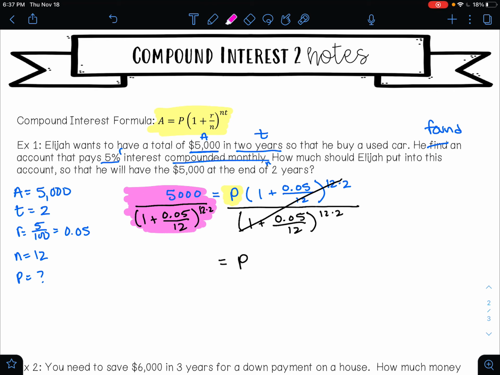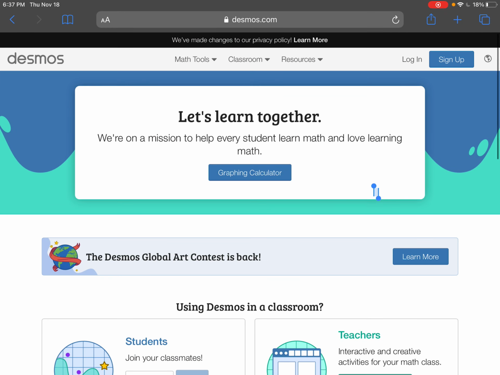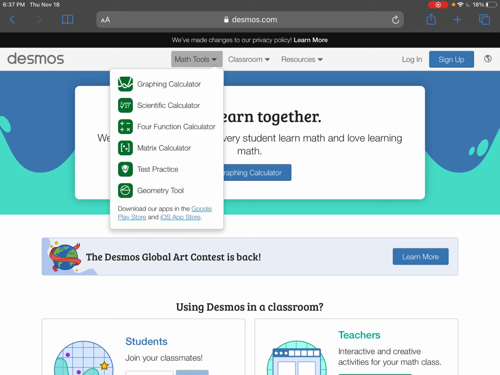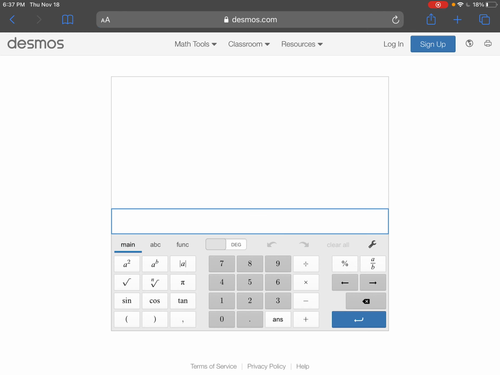We are going to type this into Desmos just like this, exactly how it looks. So let's head on over to Desmos.com. And when you go to Desmos.com, do yourself a favor, click on Math Tools, and then click on Scientific Calculator. You can also get there by going to Desmos.com/scientific.